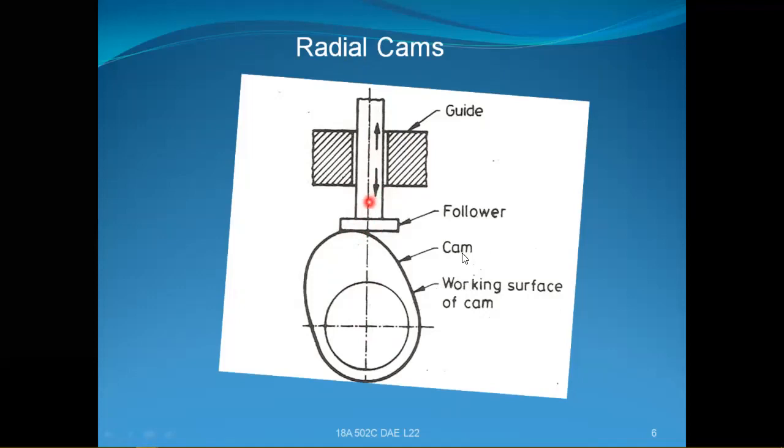This is the cam and the camshaft, this is the follower, and this is the guide frame. This is the surface or the profile of the cam.